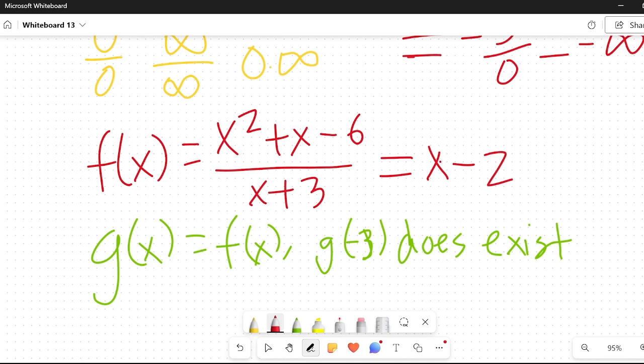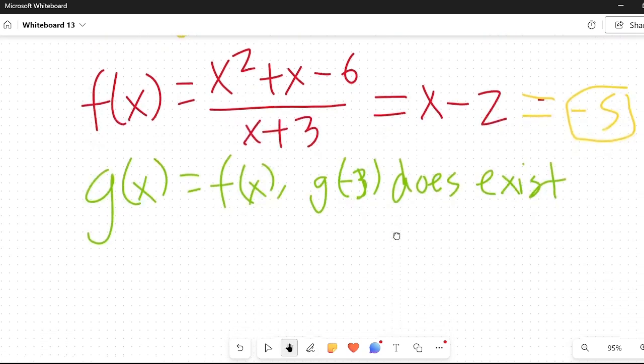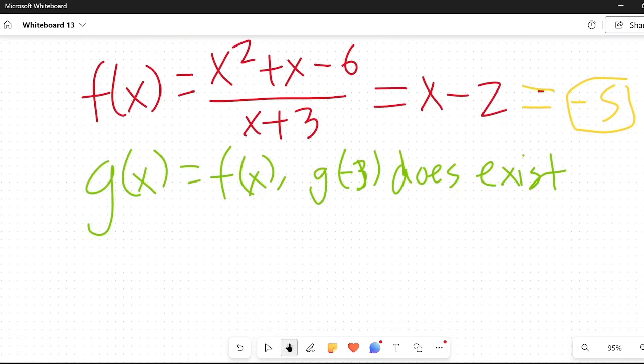If we plug in negative 3 here, we get that this simply equals negative 5. So that will be our limit as x approaches negative 3 of f of x, because we found a g of x that equals f of x, but g of negative 3 does exist. So this is, in essence, our dividing out technique.